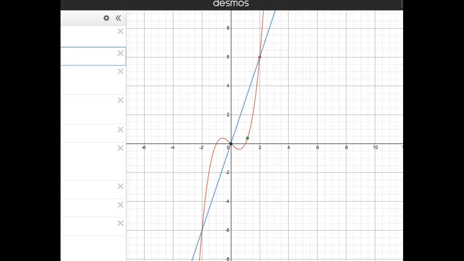Great. So that green point, at that point, if I were to draw a tangent through there, it would be parallel to the blue line. And then there should also be one.